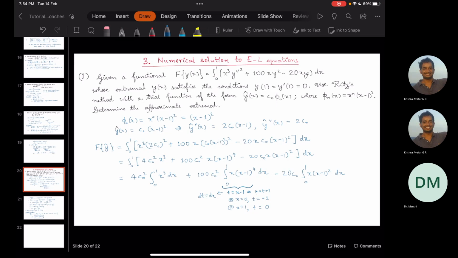In this case, we just took the first basis function, but if you want a closer expression for the extremal, the procedure is that we take more and more terms of the basis functions, and if we take a large enough number of terms, we finally converge to the analytical extremal for the problem.